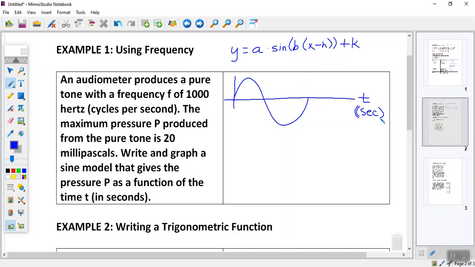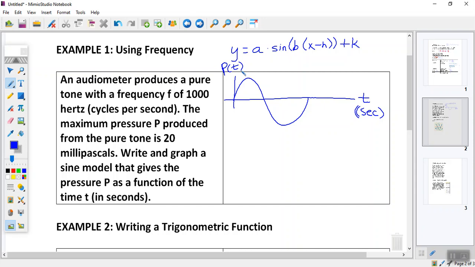Now the frequency that they talk about is this. It says the frequency is 1000 hertz, or cycles per what? This pure tone happens 1000 times every second.